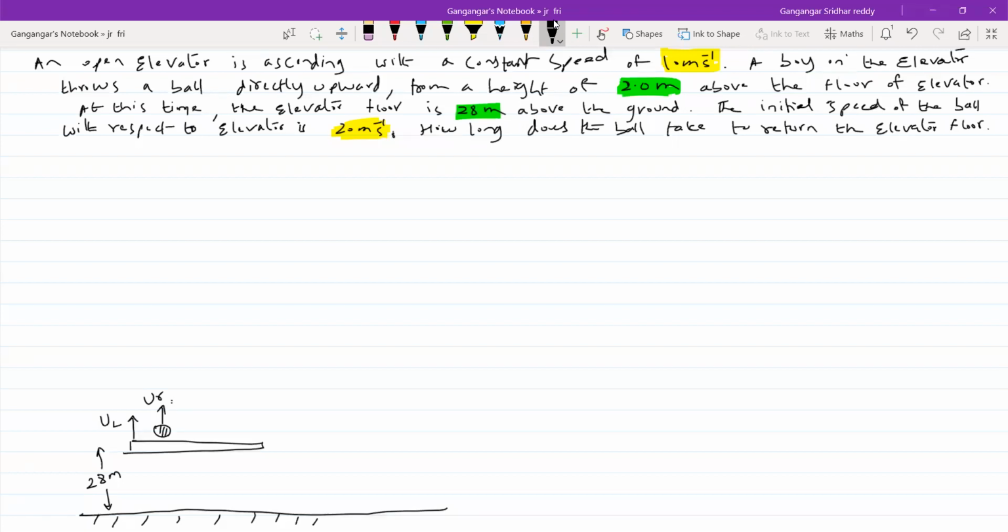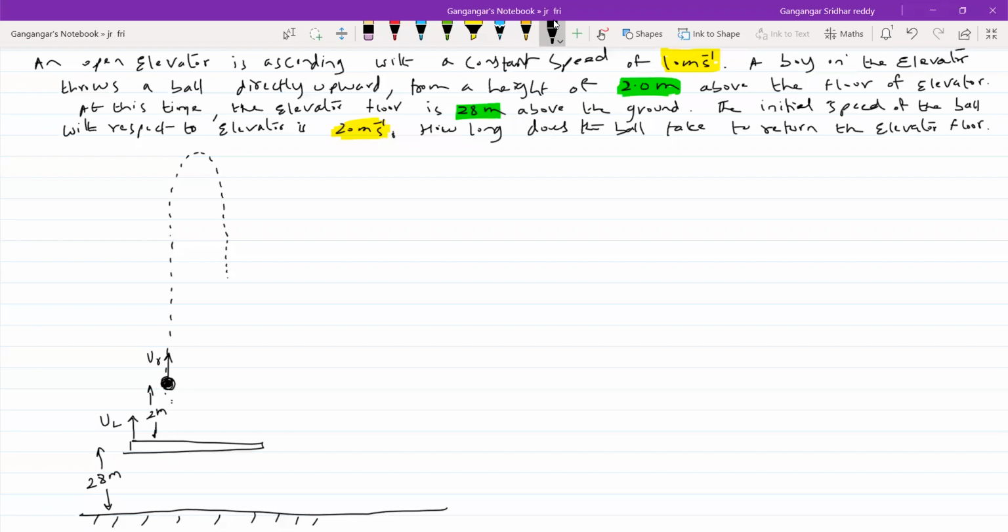Then what actually happens? The ball will ascend first, then it will start descending. Sir, at a height of 2 meters above the floor of the elevator, okay, I'll change the diagram. When descending, the ball should strike the elevator.